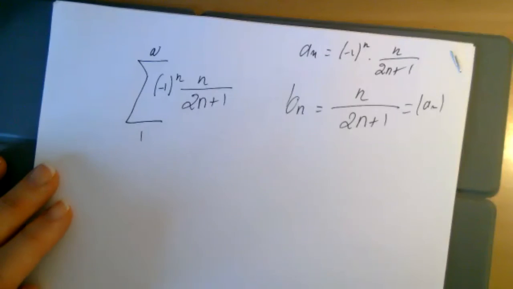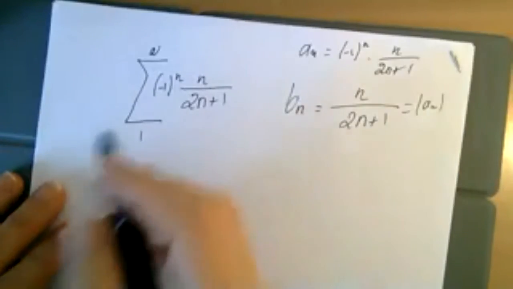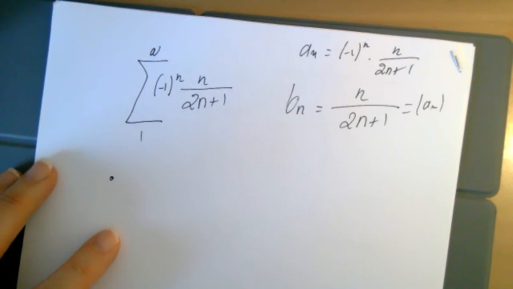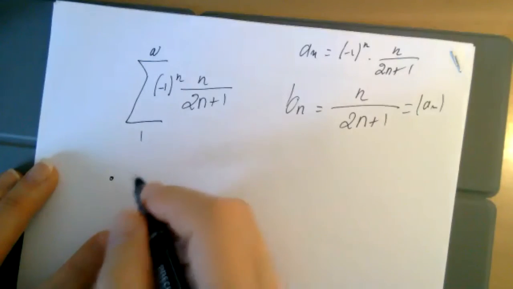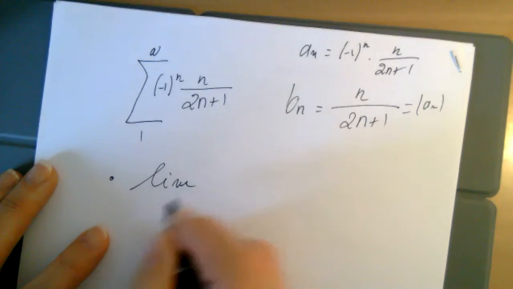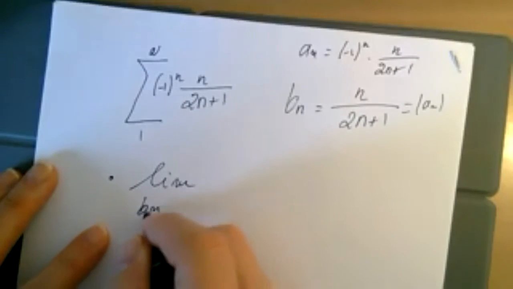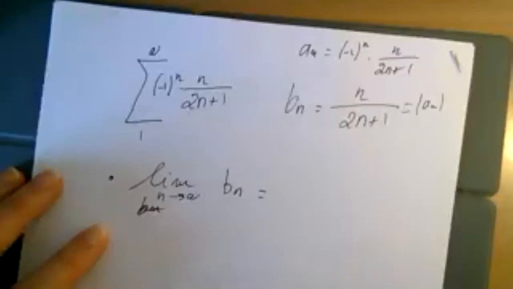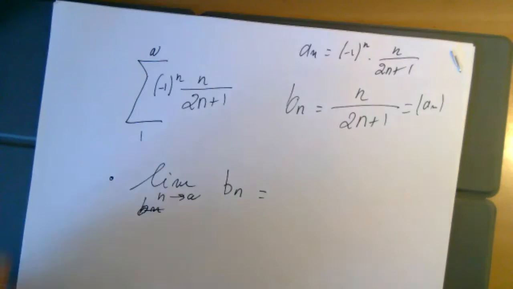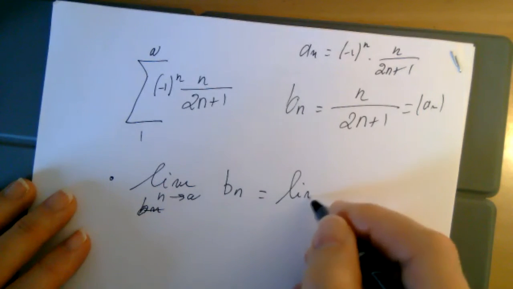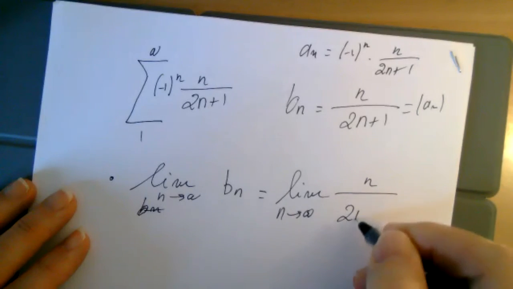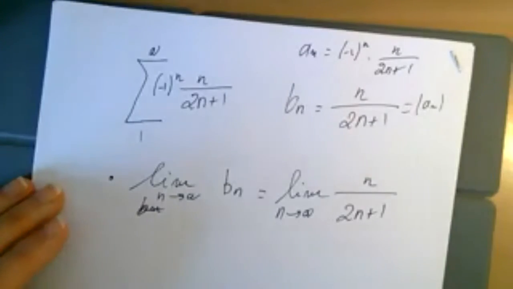All right, does this one converge or diverge? What do you think? Let me see what happens to the bn. When n goes to infinity, bn is n over 2n plus 1.